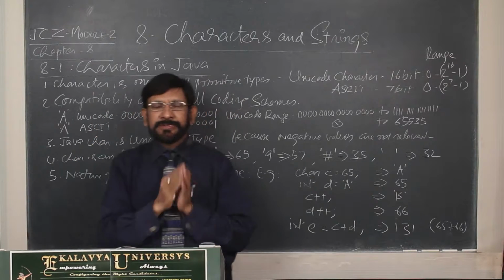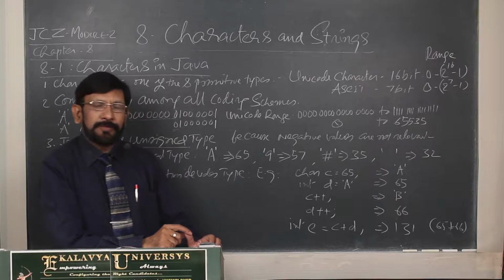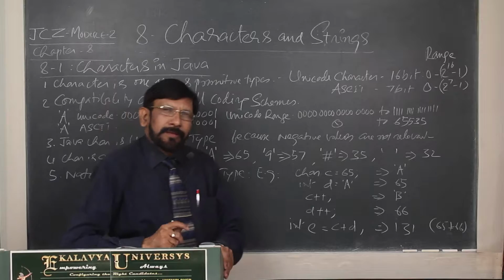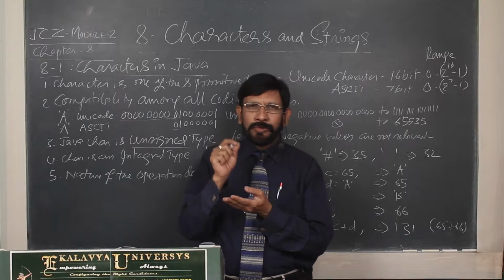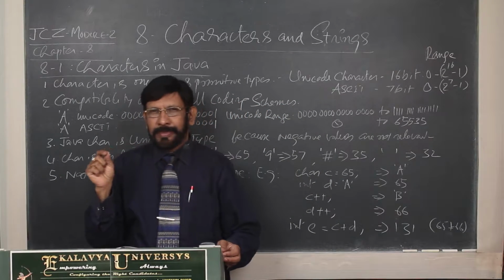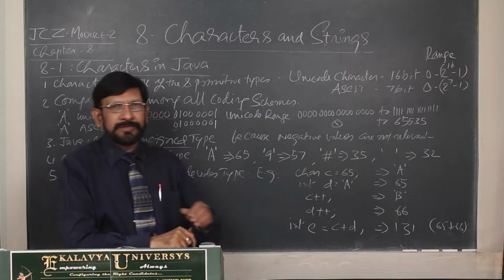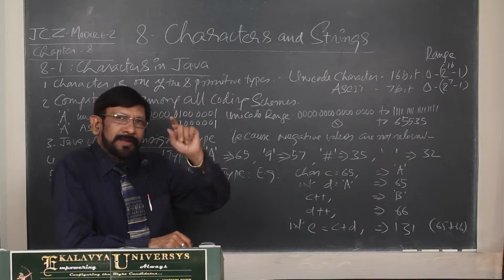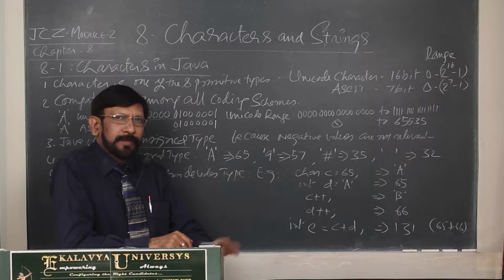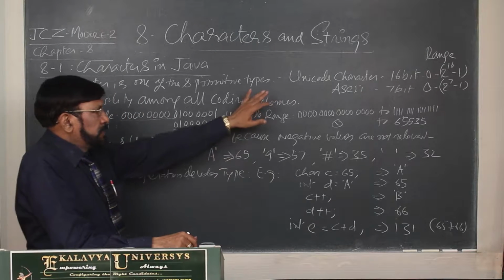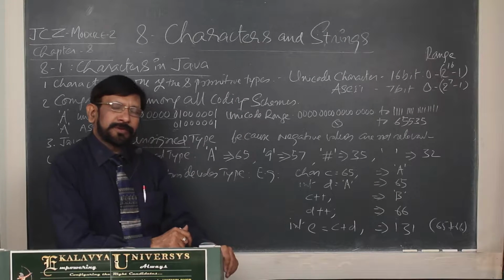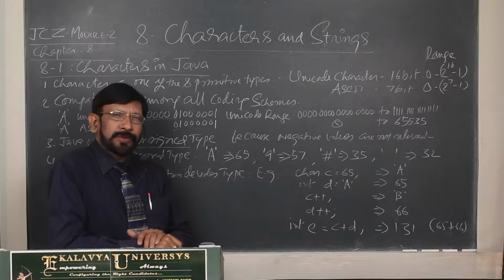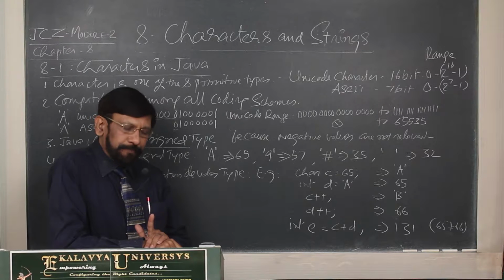Comparing Java with C and C++, Java has a distinction. Java uses the Unicode character set, whereas C and C++ use the ASCII character set. First, you have to understand the difference between Unicode and ASCII character sets. Here, I have to tell you one very important point.